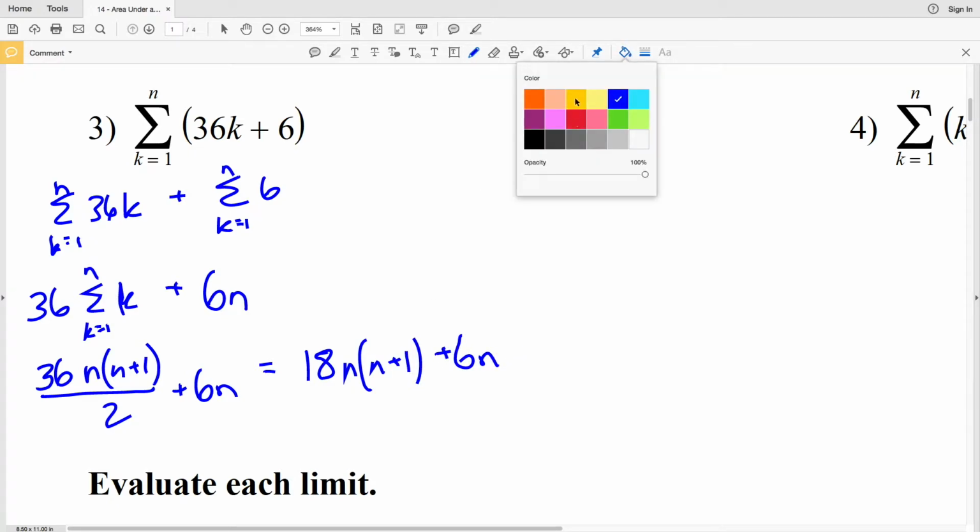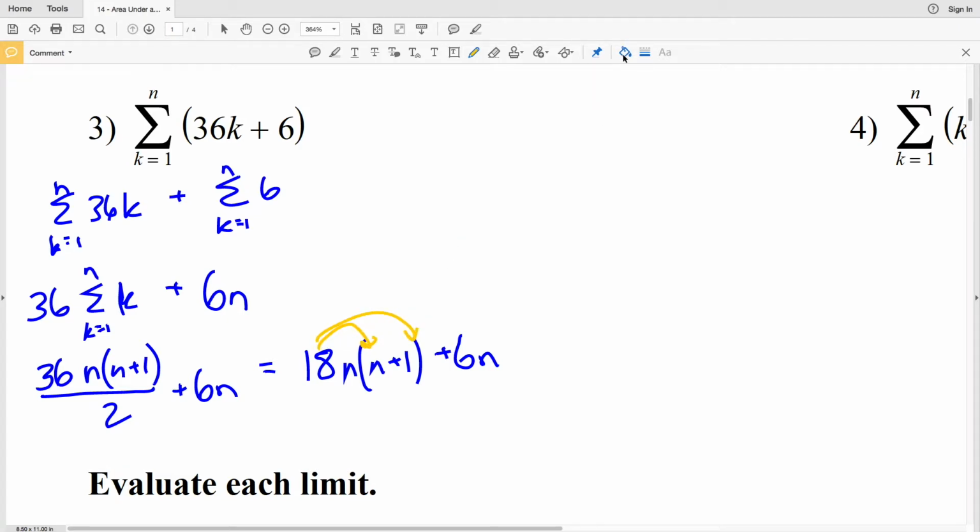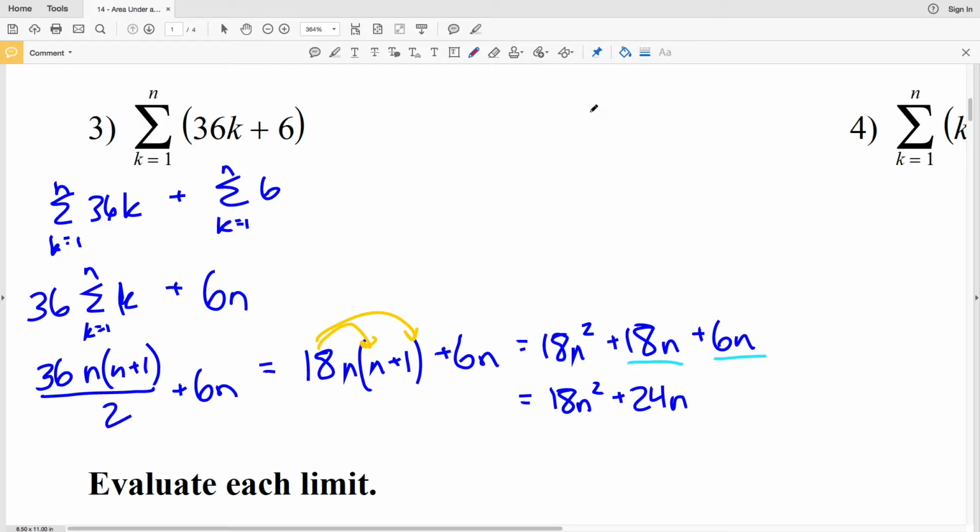So now I'll distribute my 18 to my n and 1, and that will give me 18n squared plus 18n plus 6n, because 18 times n is 18n squared, and 18 times 1 is 18n, but now I have two like terms that I can combine. So that will give me 18n squared plus 24n. That is my solution in number 3.